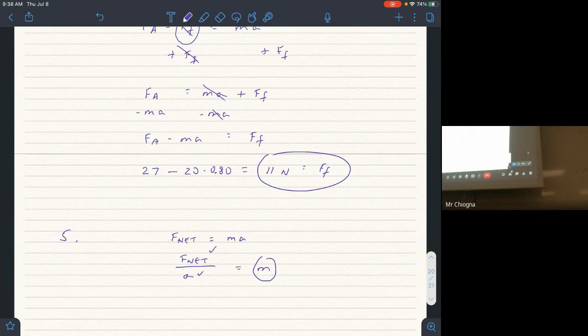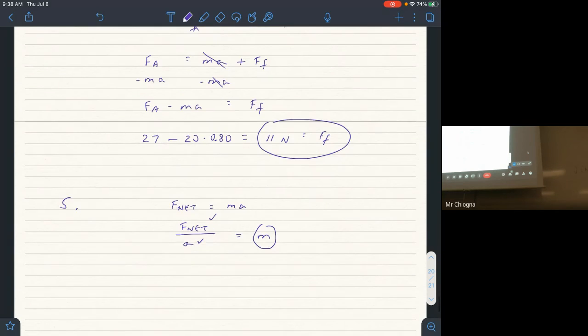So if you read the problem, the key phrase there, again, pay attention to key phrases, is frictionless. No friction.